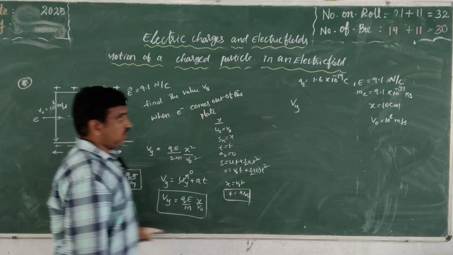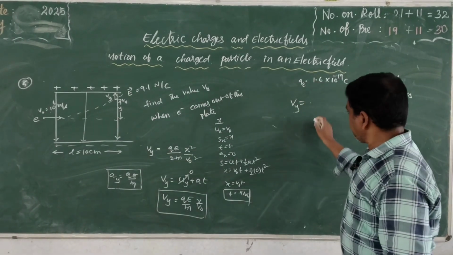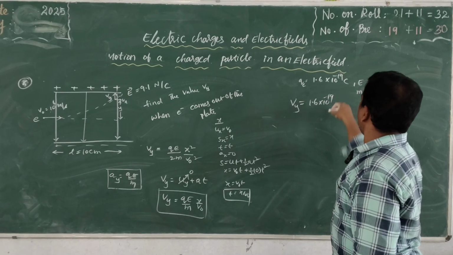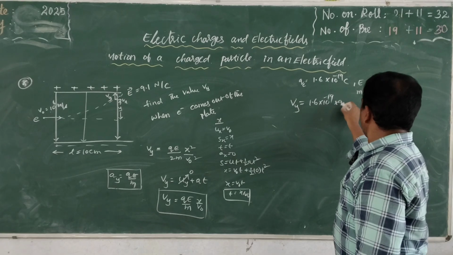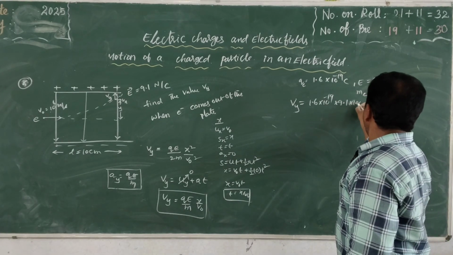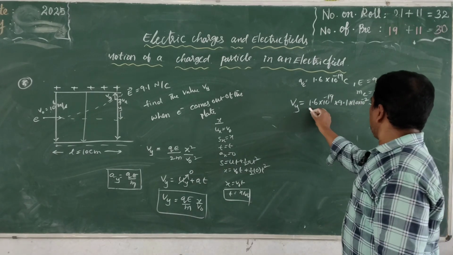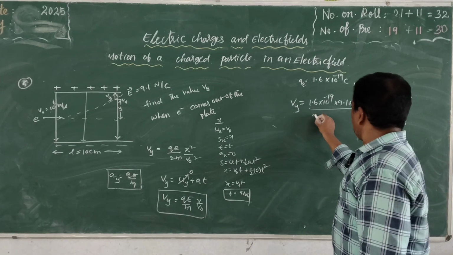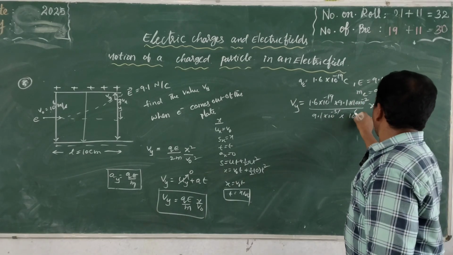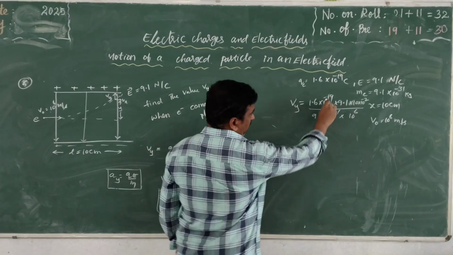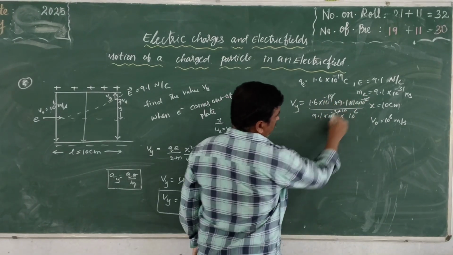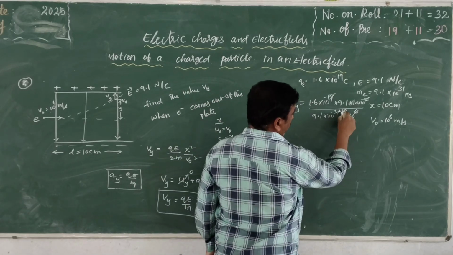Then Vy equals q, 1.6 into 10 power minus 19 coulombs, into E value 9.1, into x value 10 centimeter, that is 10 into 10 power minus 2, divided by m value 9.1 into 10 power minus 31 into v naught value 10 power 6 meter per second. 19 plus 2 is 21, and 10 power 21 over 10 power minus 31 gives 10 power 10; the 6 and the minus 2 combine to give 10 power minus 4.